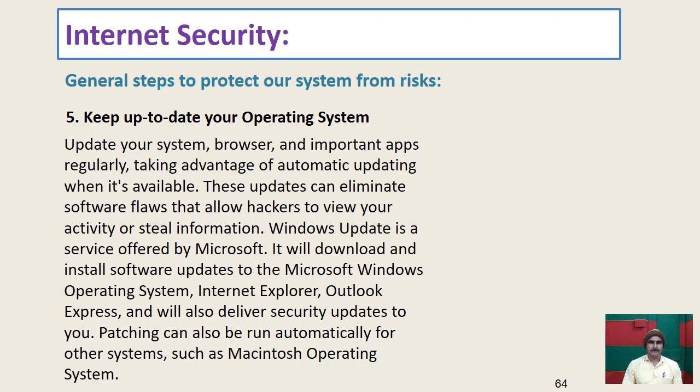Now what is patching? Patches are update software which arise on your screen. These patches are secure, and these are programs which secure your data or system from viruses. Patching can run automatically for other systems such as the Macintosh operating system.